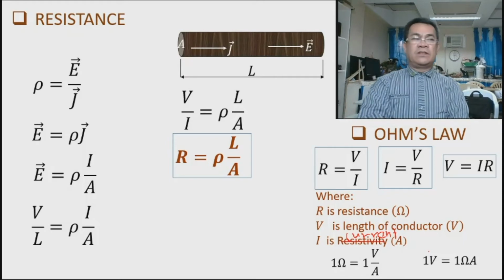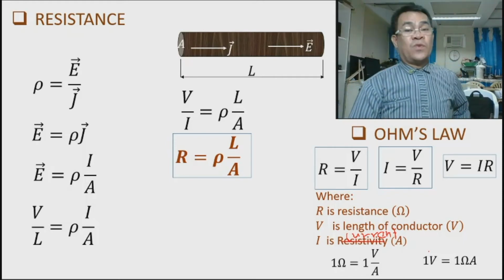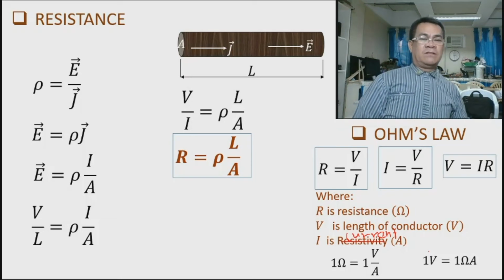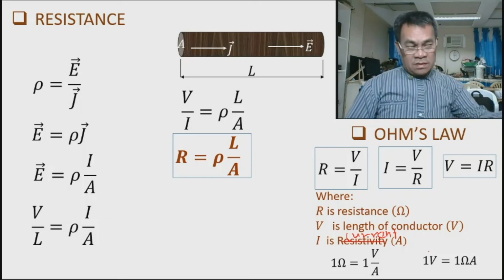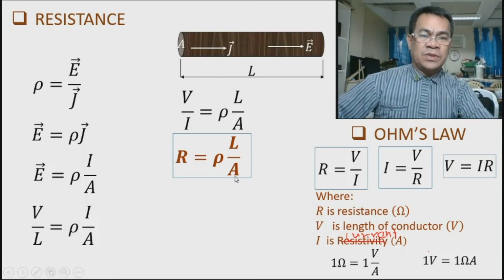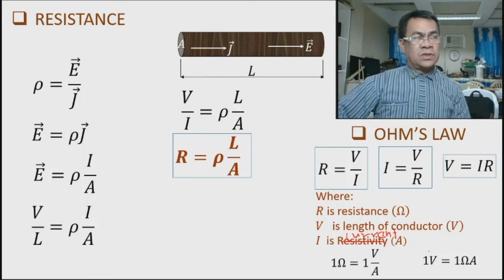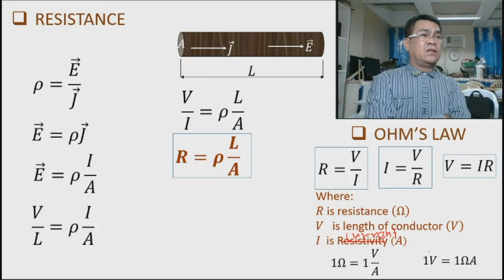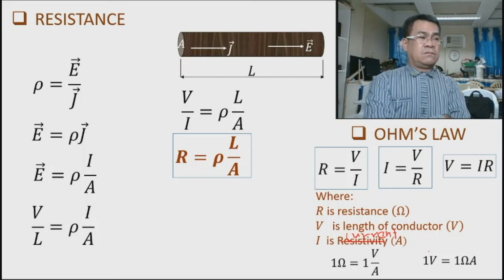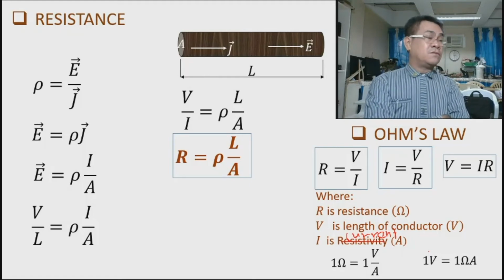So avoid using very long extension wire. Make it short. Why? Because you are consuming energy in that. And take note, it is inversely proportional to area. A thin wire is dangerous, because remember, a smaller wire carries only a small current also.